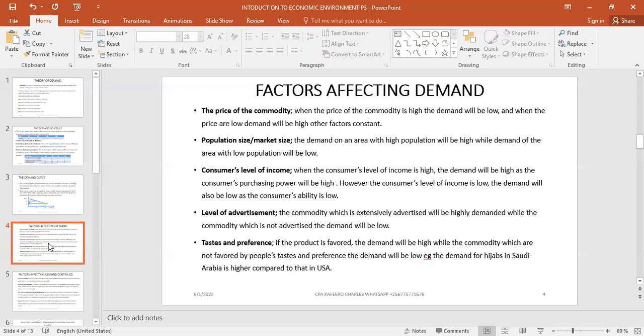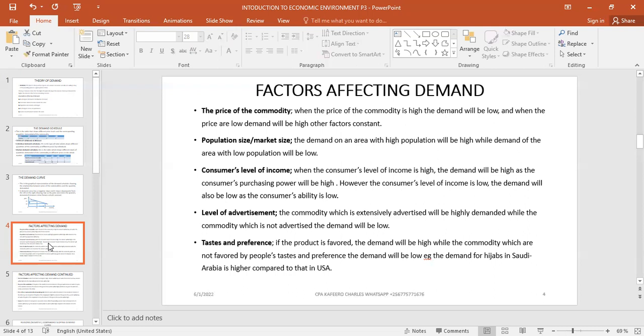The consumer's purchasing power is the amount of money someone remains with, or the net pay of someone, which is available for consumption, or the portion of the net pay that is set aside to cater for the items to be bought for the home consumption.